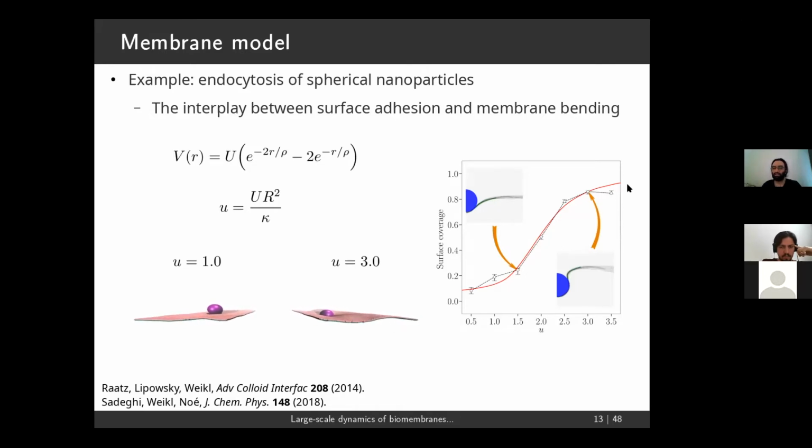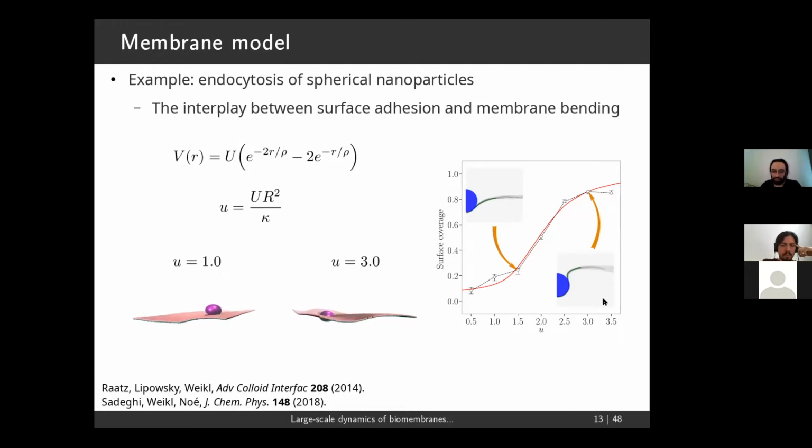There existed a theoretical model in the continuum limit, which would be the red line in this plot, and our simulations gave results which are the dots here. So it's a prediction of this behavior, and in these two movies, you see the comparison between two limiting cases with this dimensionless parameter u, which shows the ratio between the surface adhesion energy and the bending energy of the membrane.